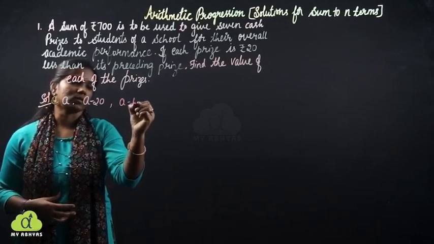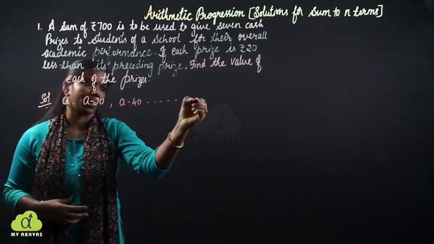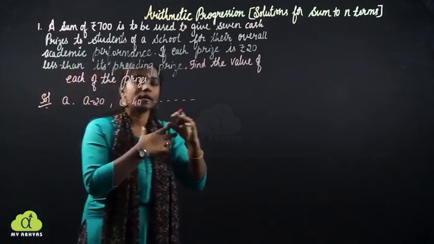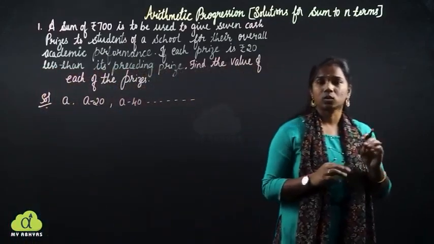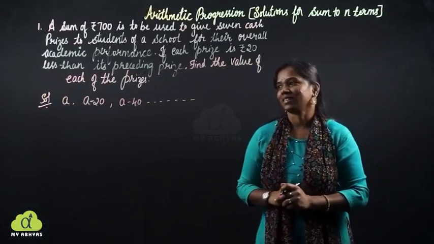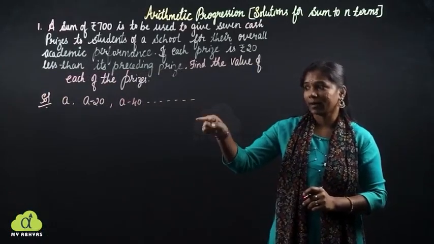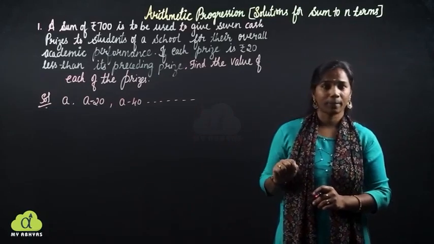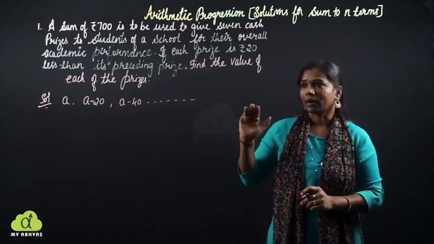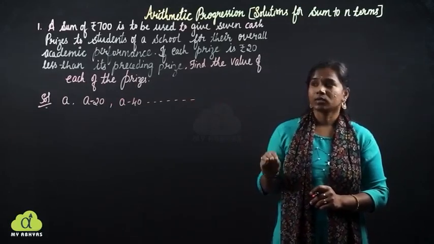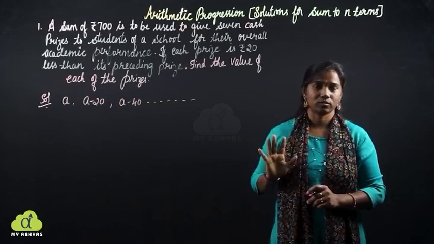Like this, 7 members have been awarded, that is, this 700 rupees has been distributed among 7 students. Now we have A, A minus 20, and A minus 40. We have to find the value of each of the prizes, that is, how much each person gets.